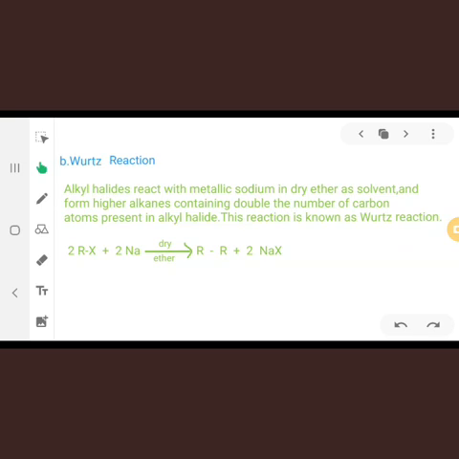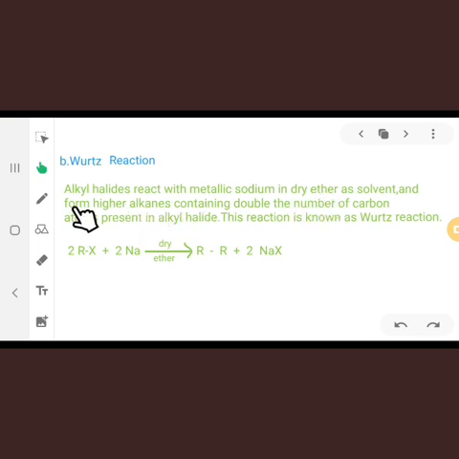The next reaction is Wurtz reaction. Understand? This is a name reaction. It was discovered by the scientist Wurtz. So in this reaction, alkyl halide reacts with metallic sodium. Okay, so this reaction takes place between alkyl halide and sodium, which is an active metal. The solvent is the same, dry ether.